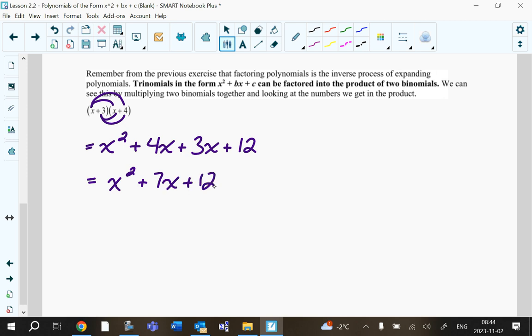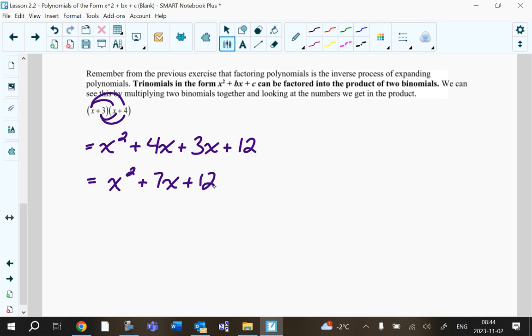When we multiply these binomials, what's the first term of the answer all the time? X squared or a squared or b squared or whatever the variable is, right? And then there's some number x, and then there's some number, okay?